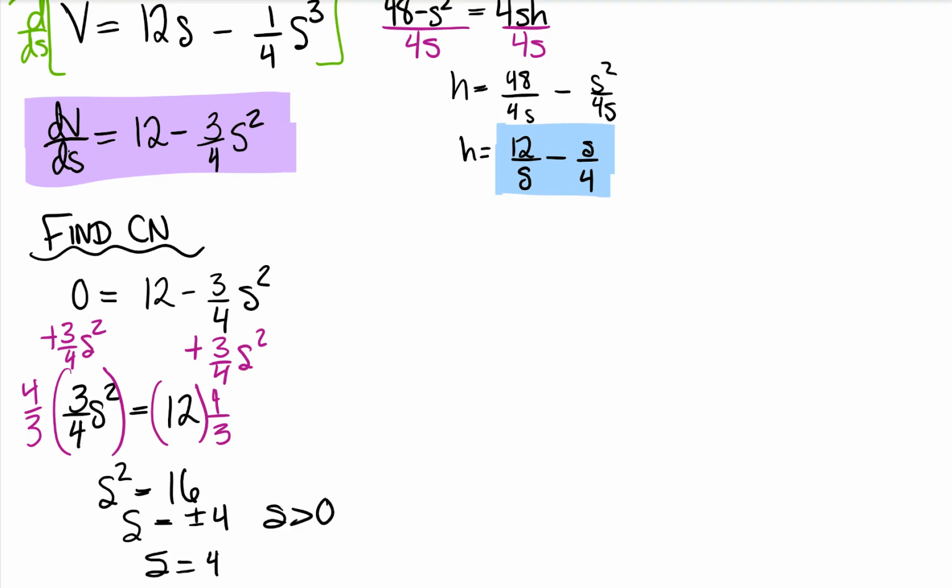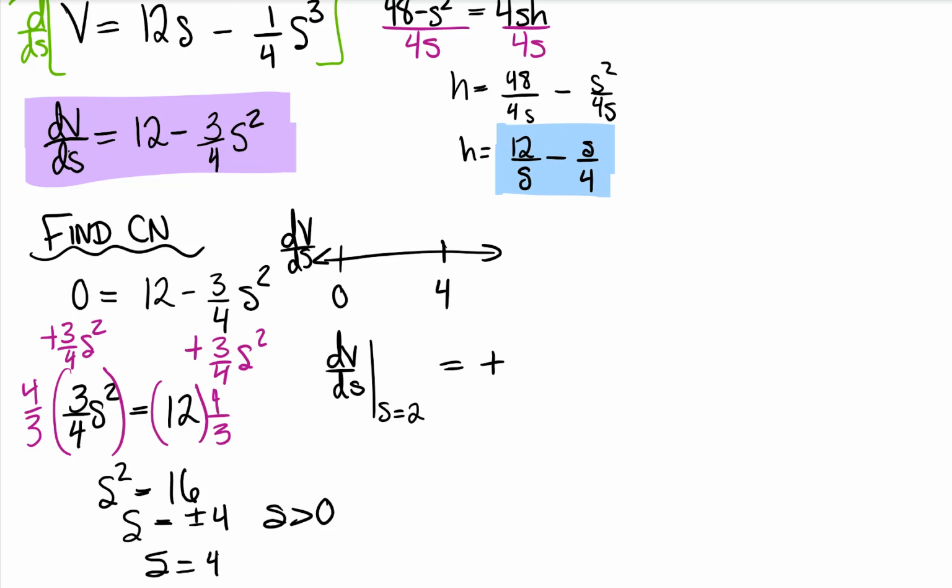That is our side length for optimal volume, but is that maximum volume? Let's check with an f prime number line, or in this case a dV/dS or V prime number line. If I evaluate dV/dS at s equals 2, I'm going to get a positive value, 12 minus 3.